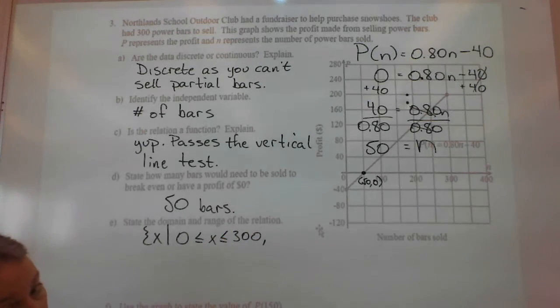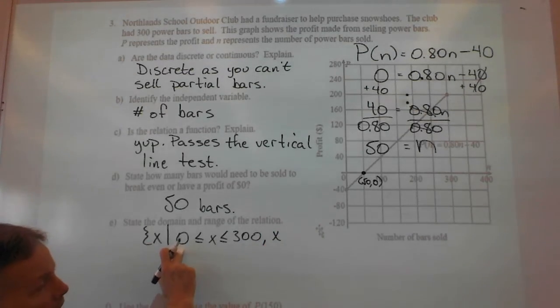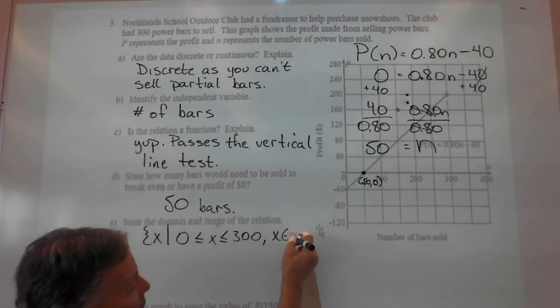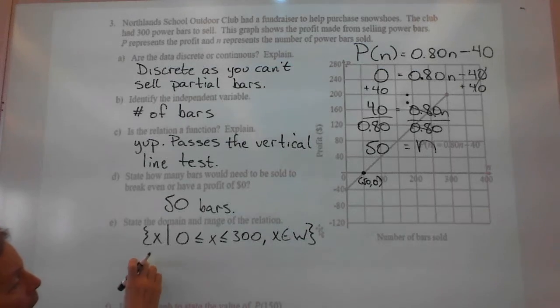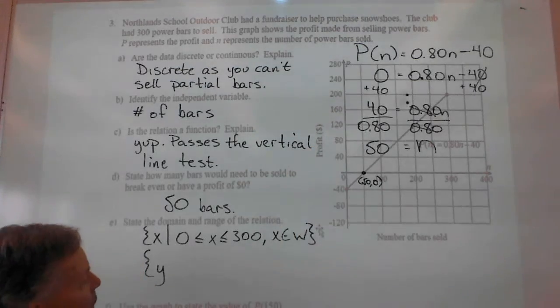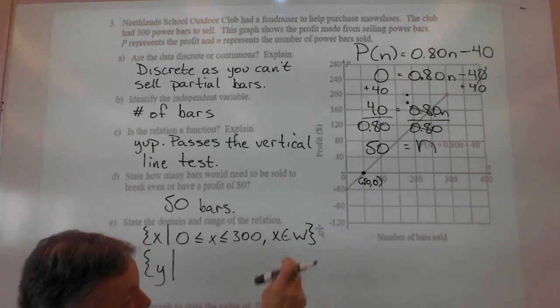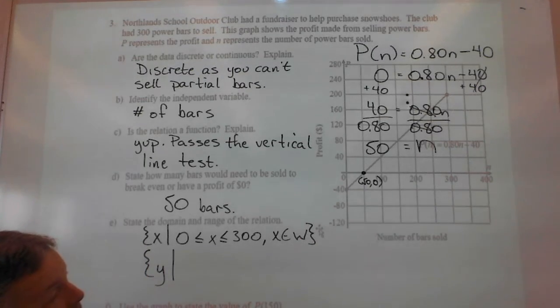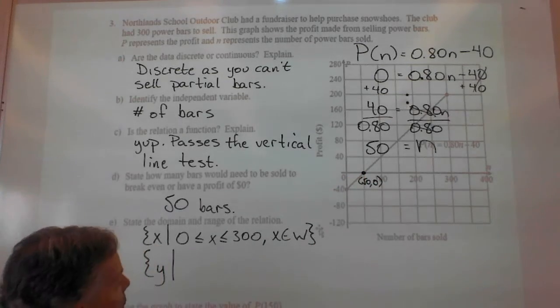And again, in this case, because we have a discrete relation, and because 0 can be included, we say x is an element of the set of whole numbers. Okay? For our range, we have y values. And remember, now we're talking about dollars. Now you could go in the hole, right? So if you sold less than 50 chocolate bars, you'd actually lose money.